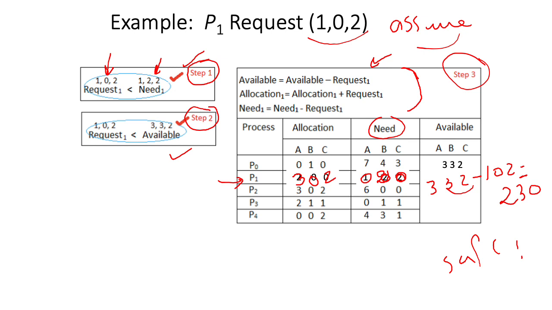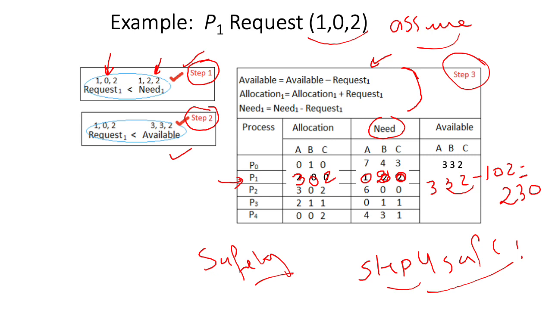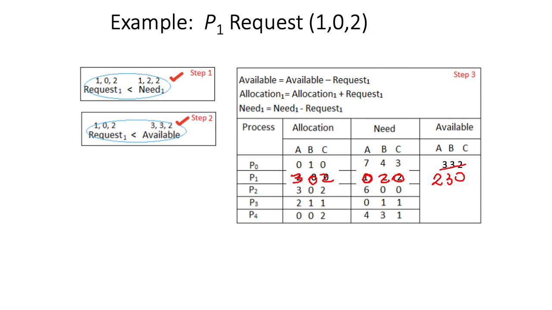So once we updated these data structures, as we said, step number 4 is to apply the safety algorithm. So it's called the safety algorithm to mainly check, are we going to end up in a safe state or no? And so let's try and apply the safety algorithm here.